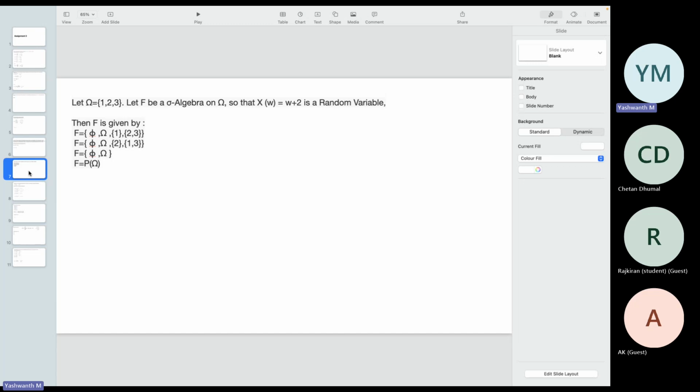For that, which of these F is a valid sigma algebra? You are given 4 options. So this F is P(omega), the power set of omega. It is a valid sigma algebra, because none of the other given F's covers all the events such as {X(omega) less than or equal to x} for all x in the real numbers.